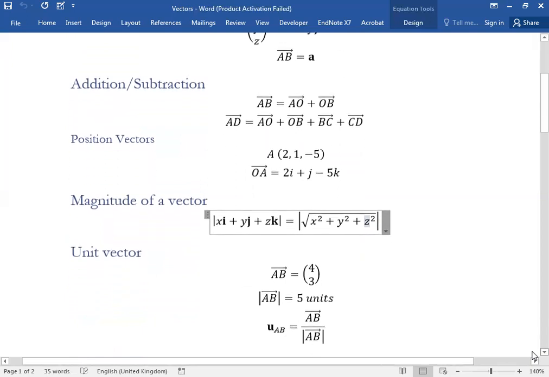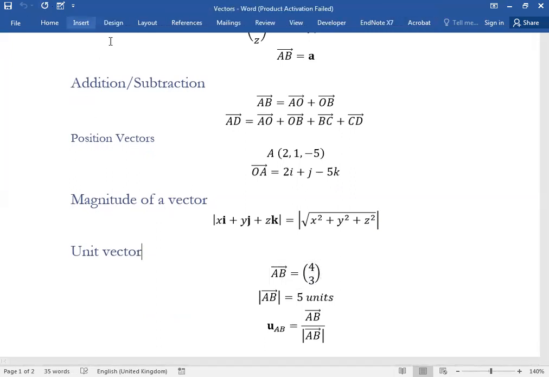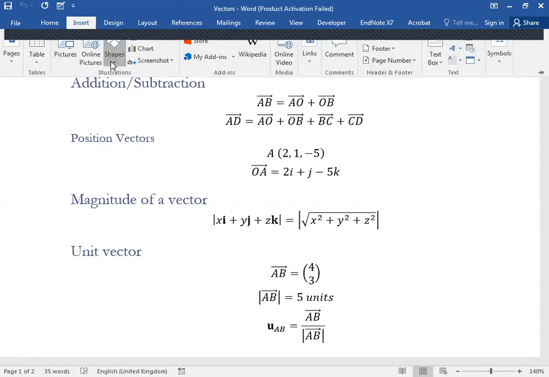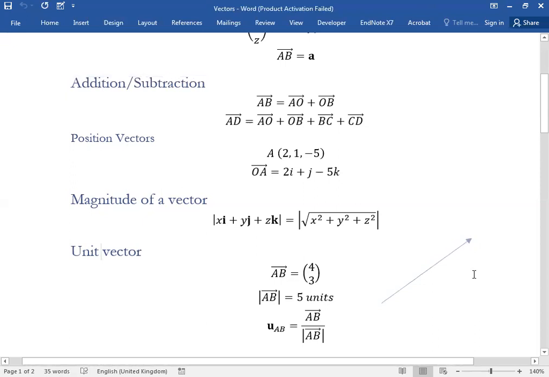Now understand a unit vector. I'm trying to explain it in 2D so that it is easier to understand, and then we'll go into the 3D model as well. If I have a vector (4, 3), you know the movement in x is 4 and the movement in y is 3. This is the direction of that particular vector, in which you can see that the movement in x is 4 and the movement in y is 3.